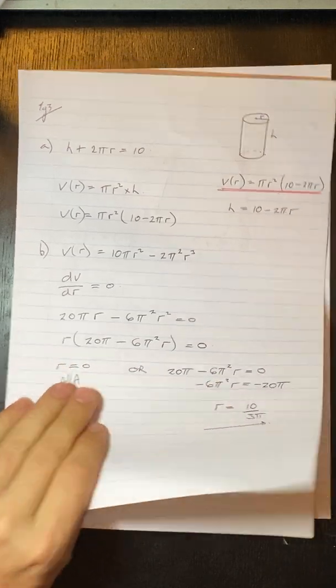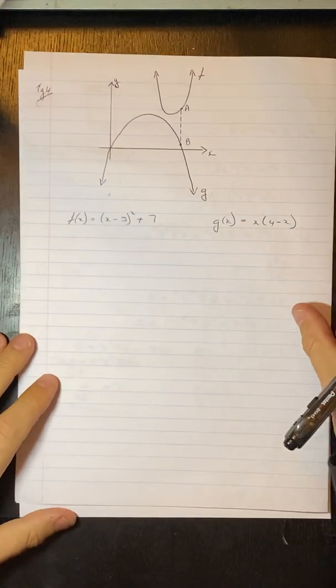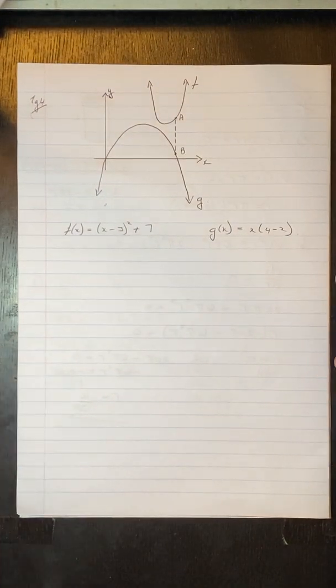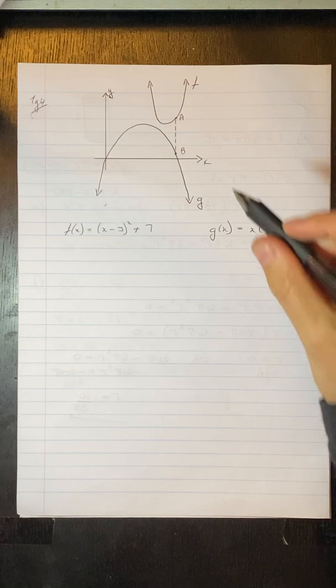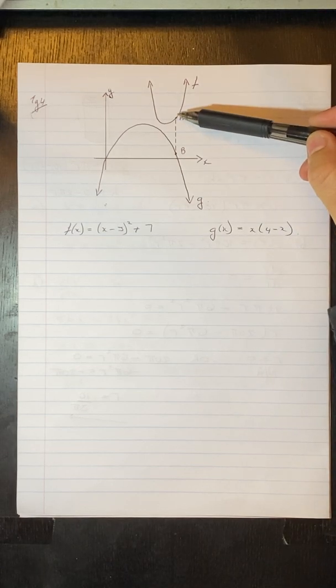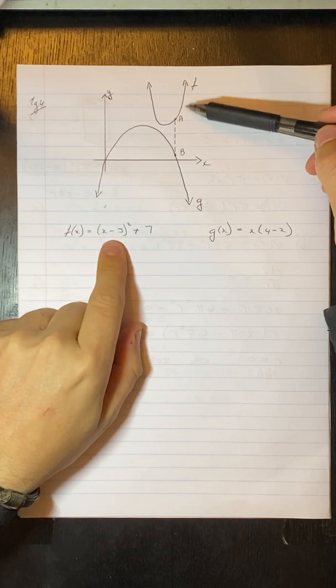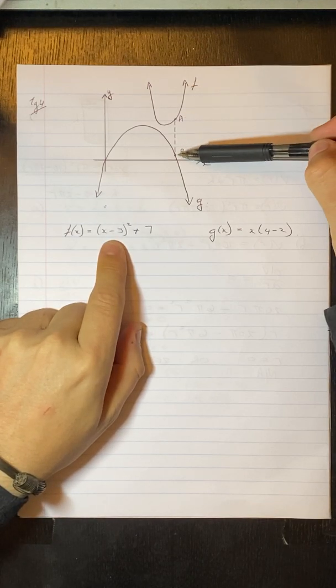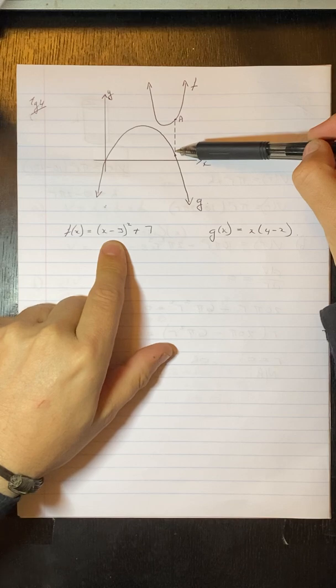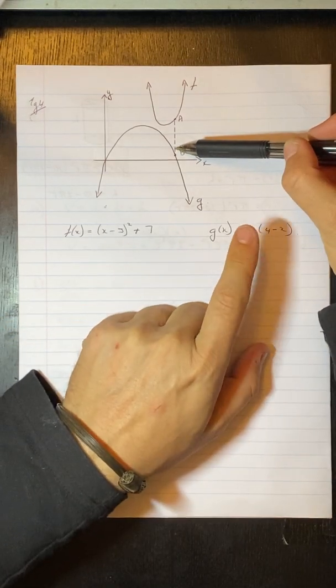All right, going on to question 4, or example 4 rather. They're telling us that a point A lies on the curve f of x, and f of x is given as this, and point B lies on g of x, which is given over here.